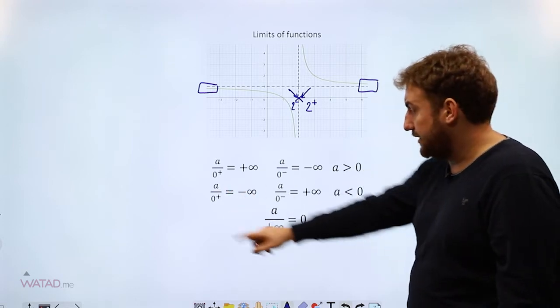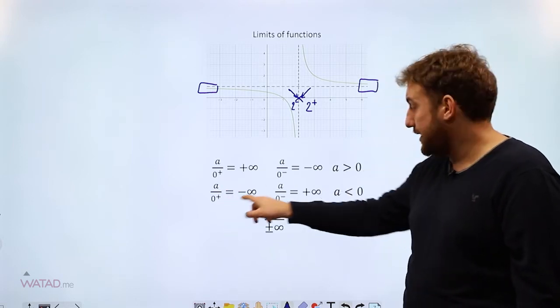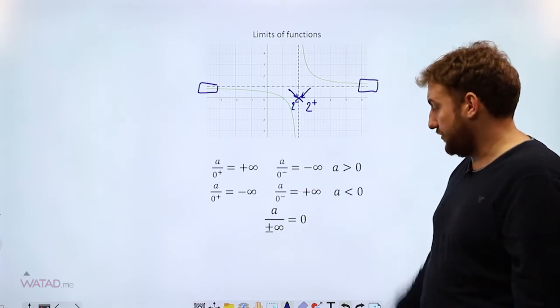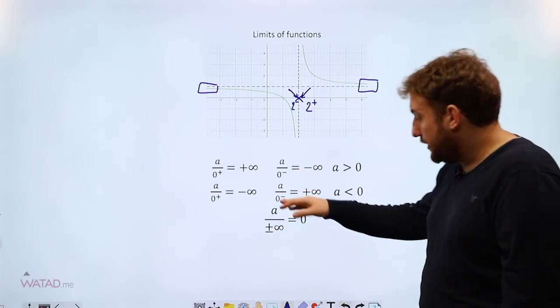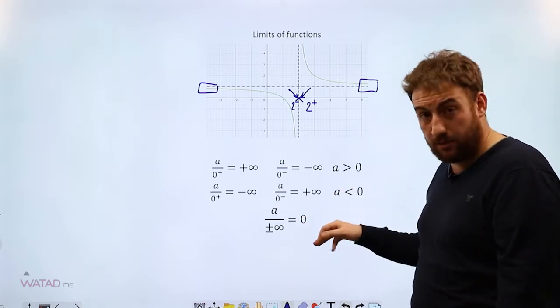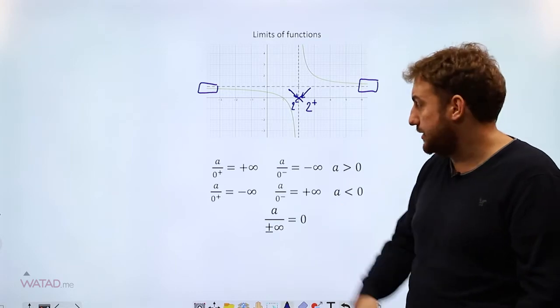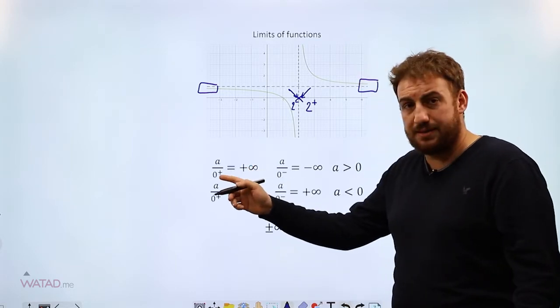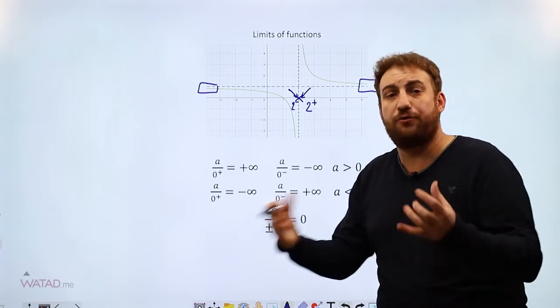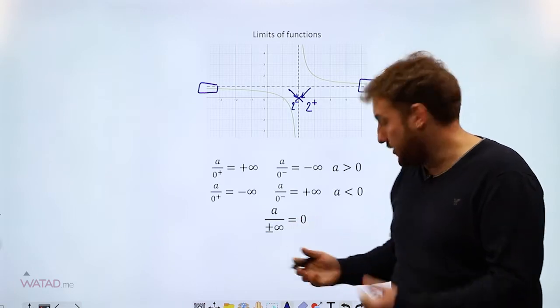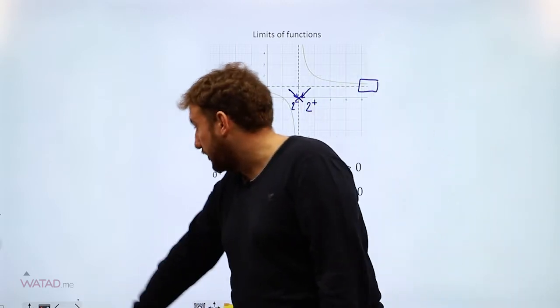However, if a is negative, a over 0 plus is negative infinity, and a over 0 minus is positive infinity. And a over infinity, positive or negative, is always 0. So the main idea here is that something which is not 0 over 0 plus is infinity, negative or positive, and something over infinity is 0. So let's continue with the next slide.